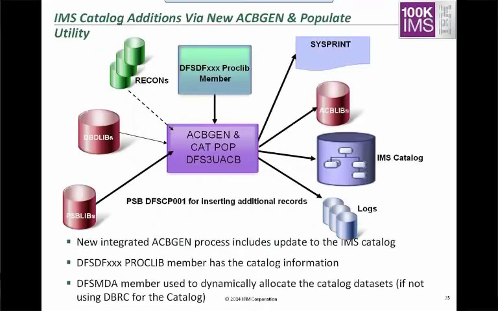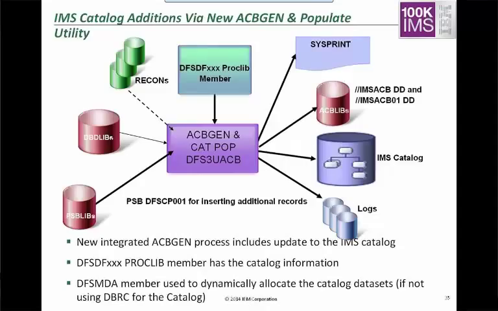On to the next page, just a visual talking about that new ACB Gen and catalog populate utility called DFS3UACB. The input is the RECONs, the DFSDF PROCLIB member, DBD Lib, and PSB Lib. It creates a SYSPRINT output, updates the ACB Lib, and updates the catalog. You'll notice there are two DD statements it requires. IMSACB defines your IMS ACB Lib dataset, and then there's IMSACB01.